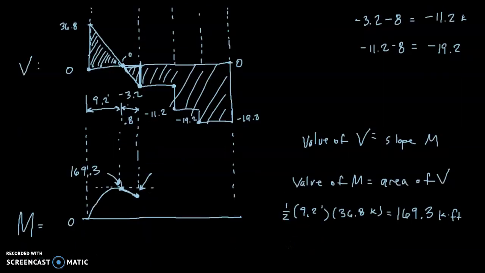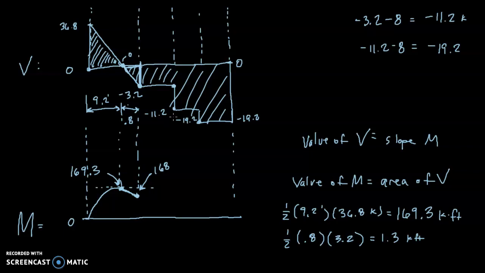So the area of that triangle is 1/2 times the base, 0.8, times the height, 3.2, and that equals approximately 1.3 kip feet. So if I'm starting off at 169.3 and going down 1.3, that means the new value is 168.